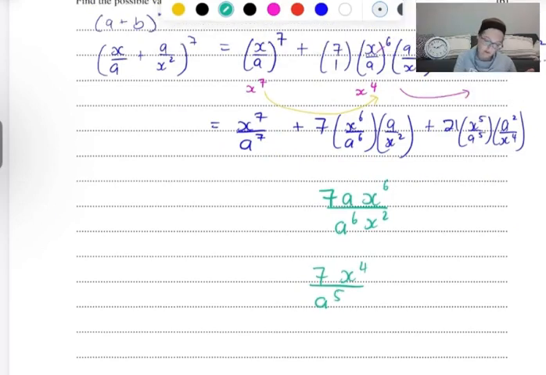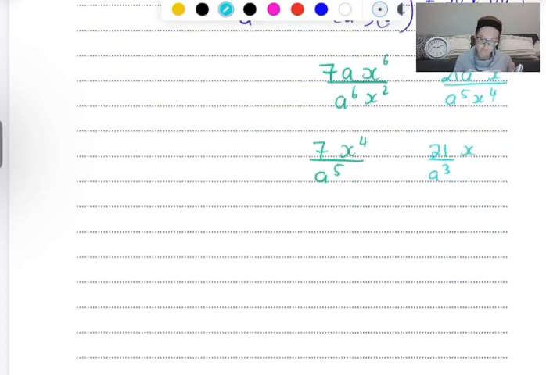Okay, just writing these in different color pens. Here we've got 21a squared x^5 over a to the power 5 x to the power 4. So this becomes 21x, and this becomes a to the power 3.